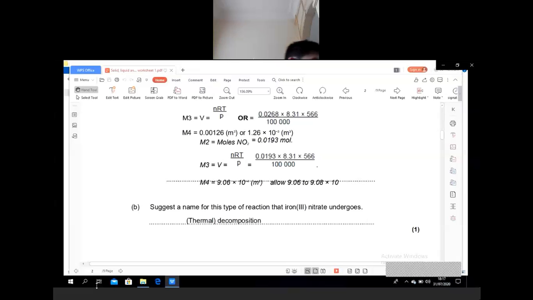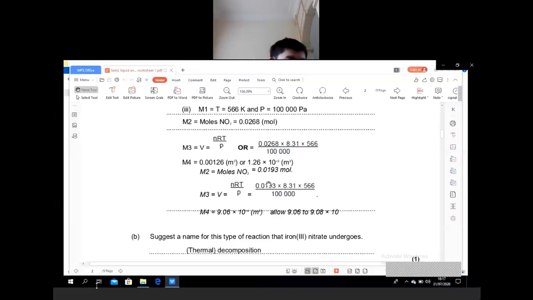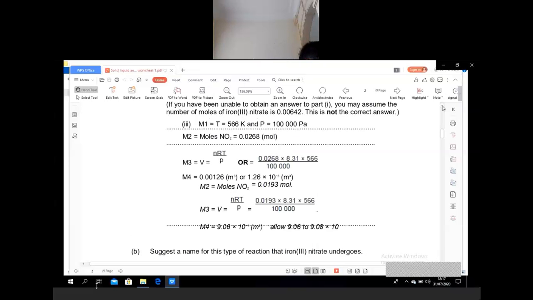And then if you are not able to find the moles of iron 3 nitrate, say the moles of iron 3 nitrate is 0.00642, and then this is multiplied by 3, found to be 0.0193. So this is in the condition that you cannot find the answers of the other questions.